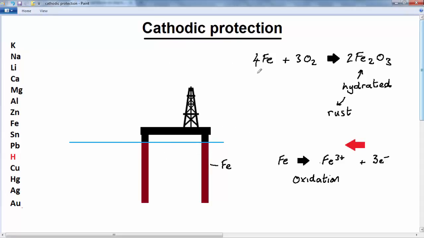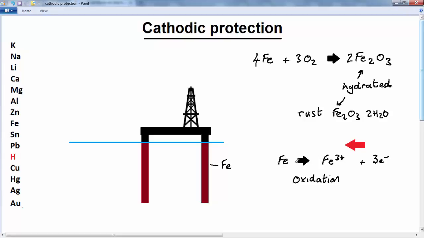Well, as we saw in the previous lesson, iron reacts with oxygen that's present in the water, in this case the seawater. It'll form iron oxide, which becomes hydrated, and that forms rust. So rust is really hydrated iron(III) oxide. Just repeating that again. And during this rusting process, the iron is being oxidized.